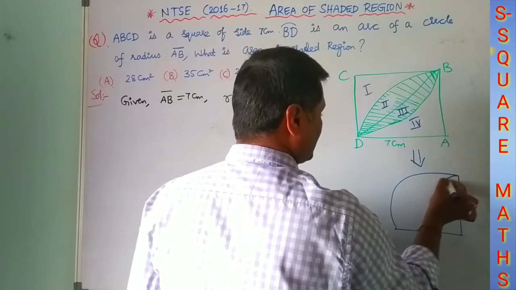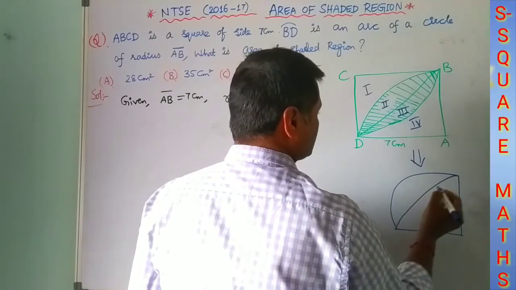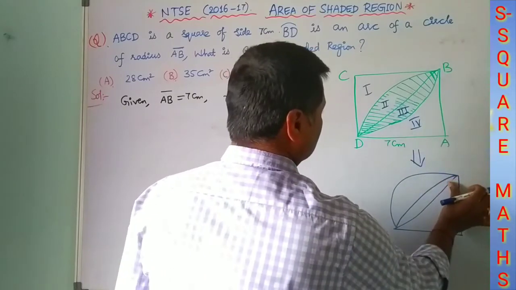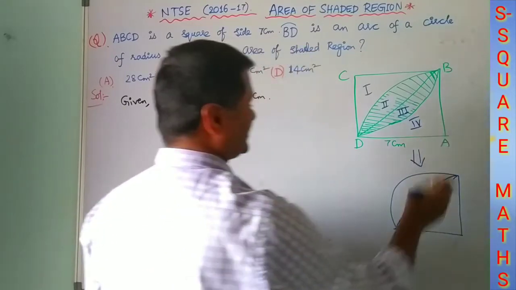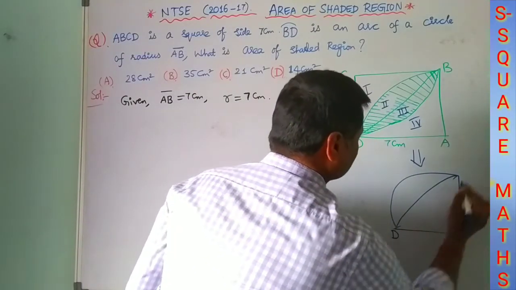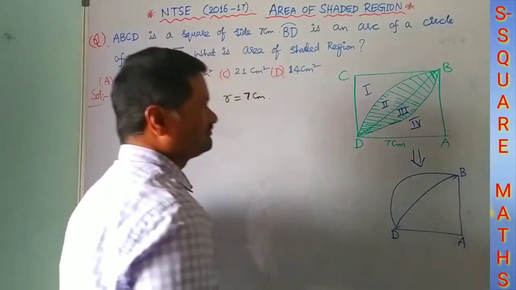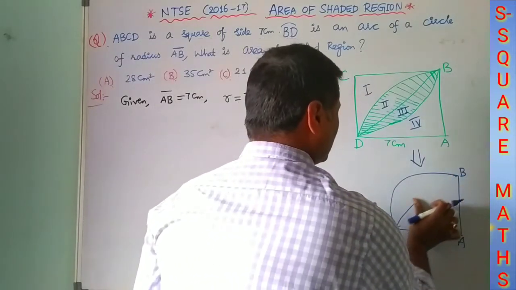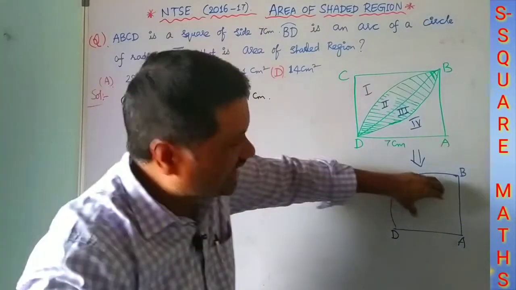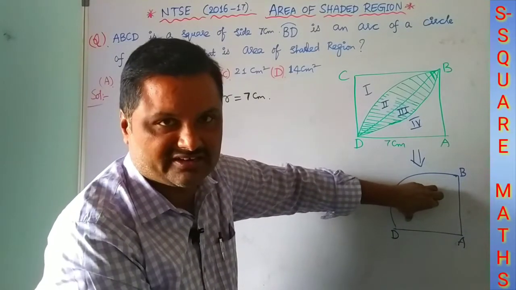In this way I am going through it. Here this is A, this is D and this is B. So this totally stands for a quadrant of a circle, 1/4 of the circle.